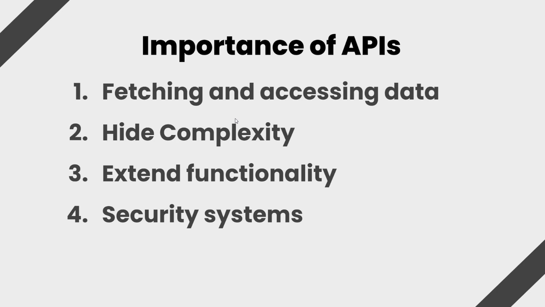Now, another importance of this API could be as a security system. You would have noticed this when you're trying to visit some websites. They will always tell you to turn on your location. I think that one is very popular. Some websites will always ask you for that.